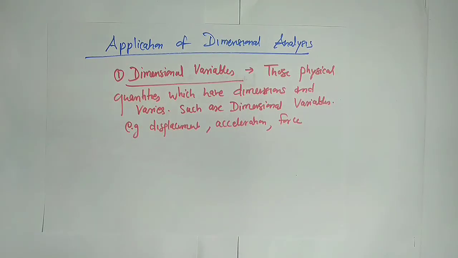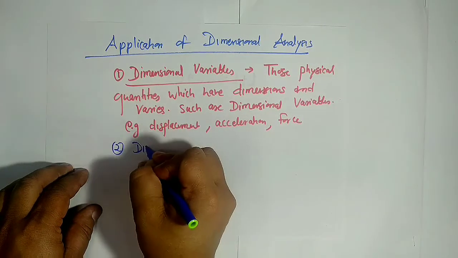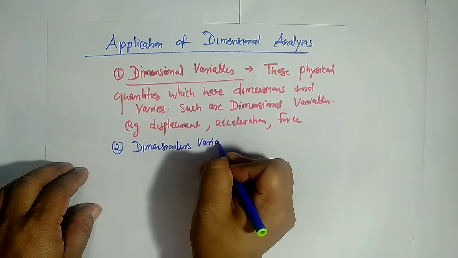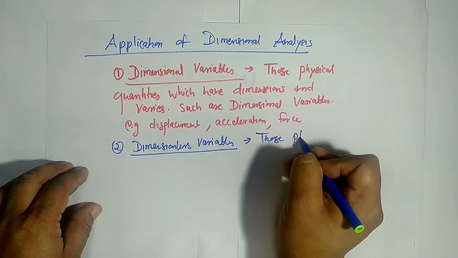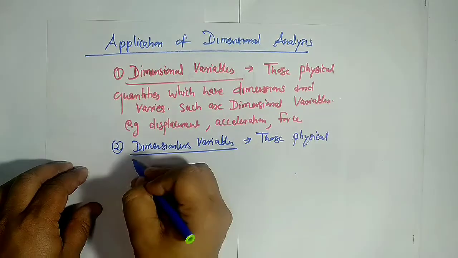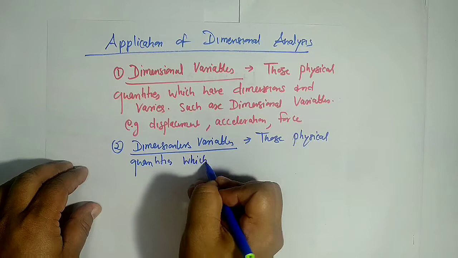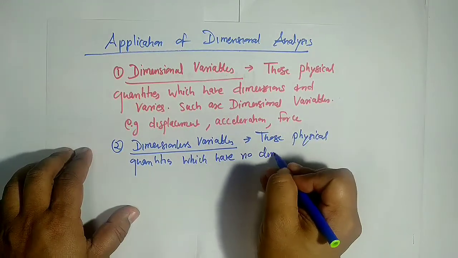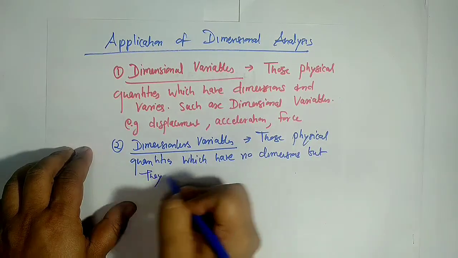But the second one is the dimensionless variable. Now what is a dimensionless variable? Simply those physical quantities which have no dimensions, but they vary.